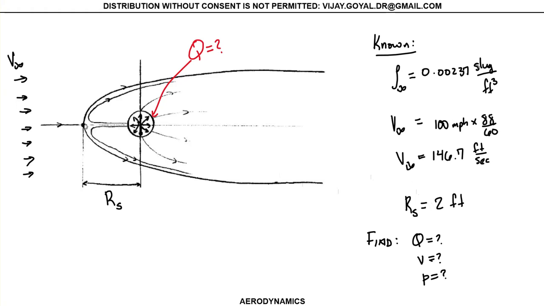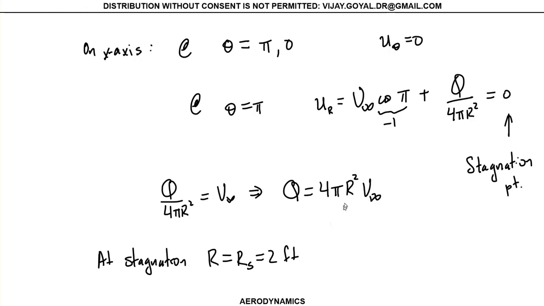So this point I'm evaluating is at distance r, the total radius. So if that's the case, then your Q becomes 4 pi RS squared V infinity.